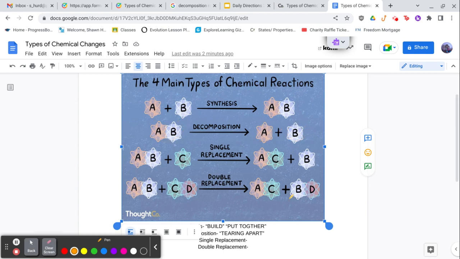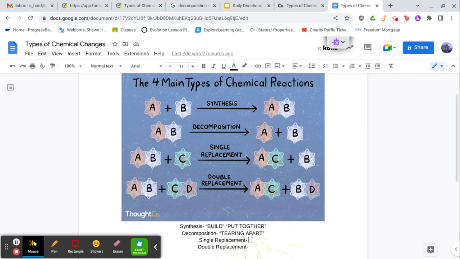Now, with a single replacement, you are entering into the world of a little bit more difficulty. Remember, anytime you look at a potential chemical reaction, you always ask yourself, is it synthesis first? Is it decomposition second?